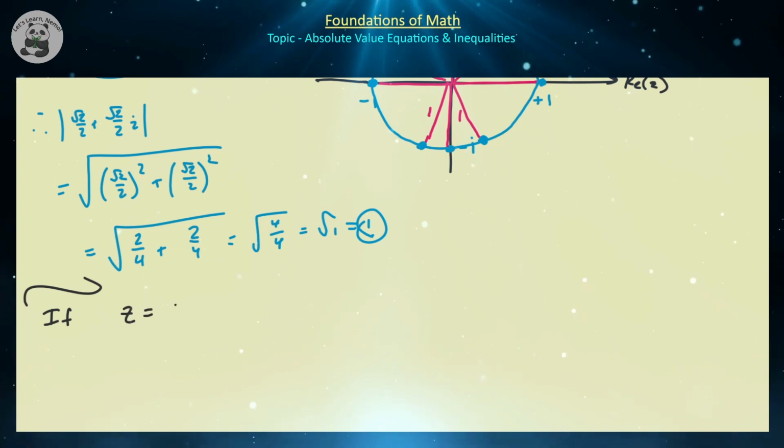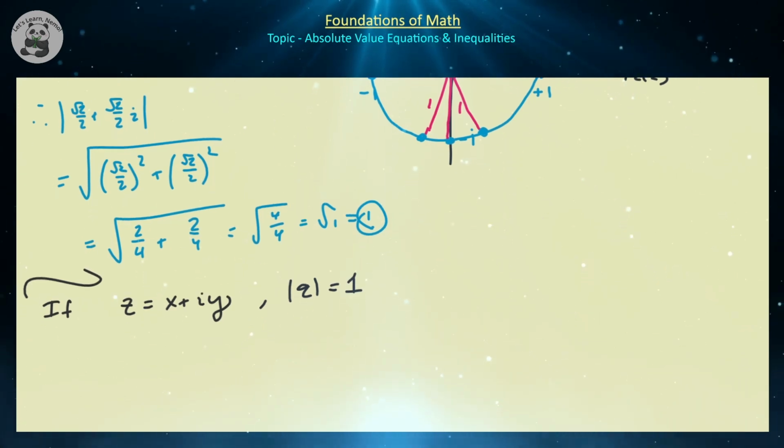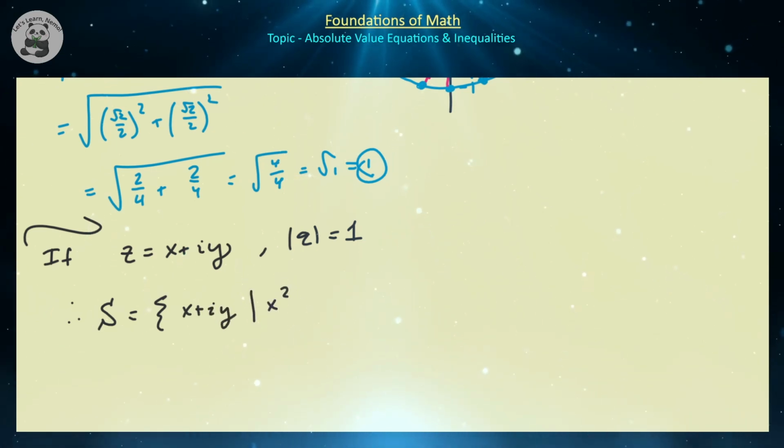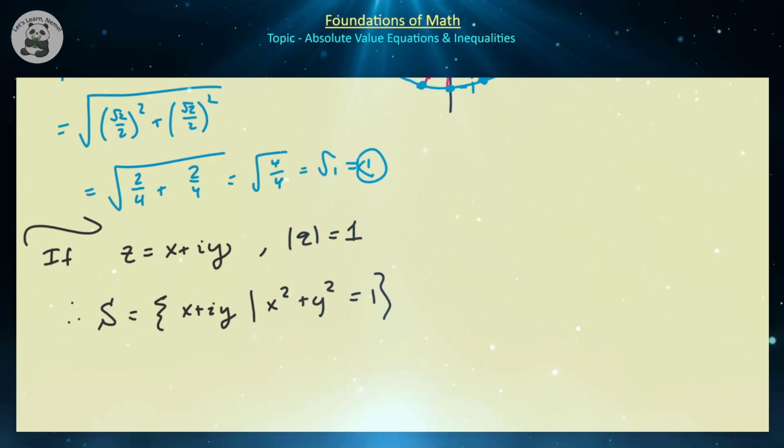If z is equal to x plus iy, and we're interested in the set of all z such that the absolute value of z is equal to 1, then the solution set, which I'm just going to abbreviate by S, is going to be the set of all x plus iy, the set of all our z's, such that x squared plus y squared is equal to 1. Right? So it's all complex numbers whose real part squared plus imaginary part squared is equal to 1, which is the set of all points in R2 that fall on that unit circle.